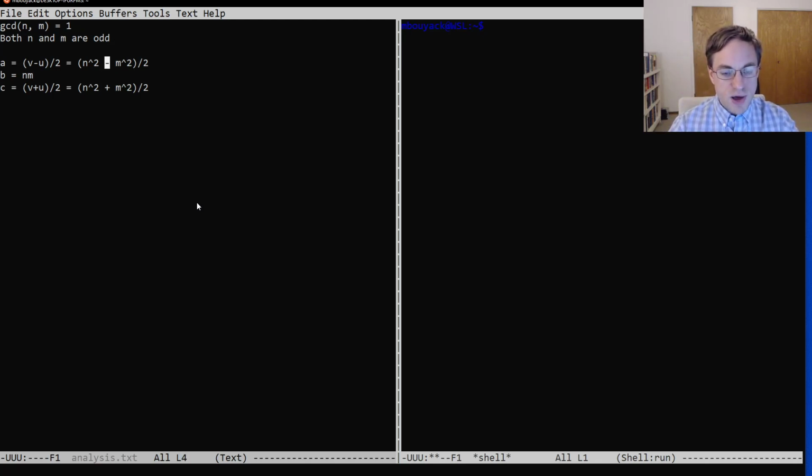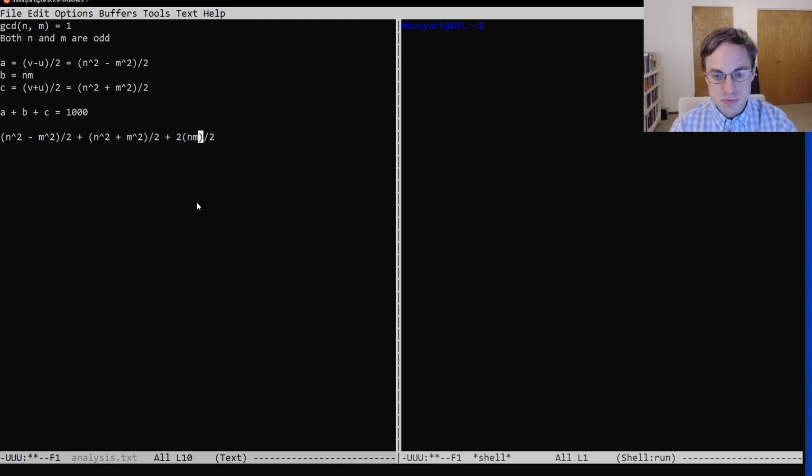So we can start just by adding these three equations. As I just mentioned, we're trying to find A, B, and C such that A plus B plus C is equal to 1,000. So if we just take our results here and add them, then you can see, and in fact, let's write this as 2nm over 2 so that we have a common denominator across all three terms here.